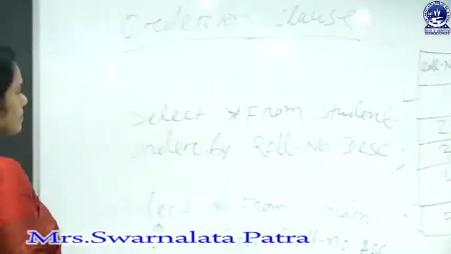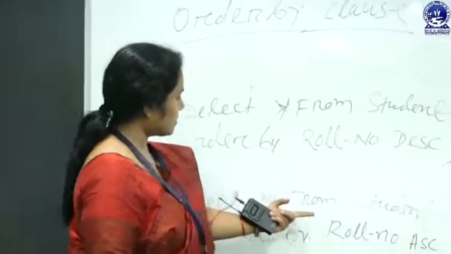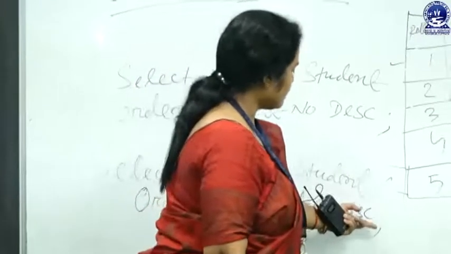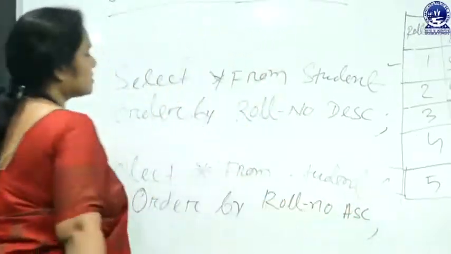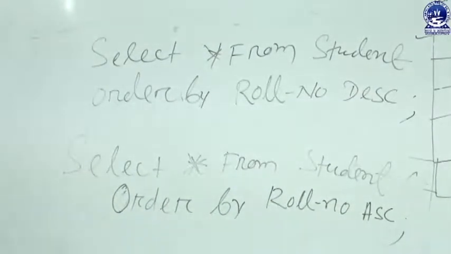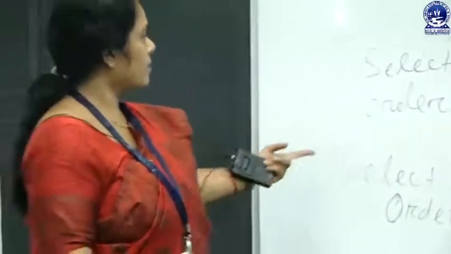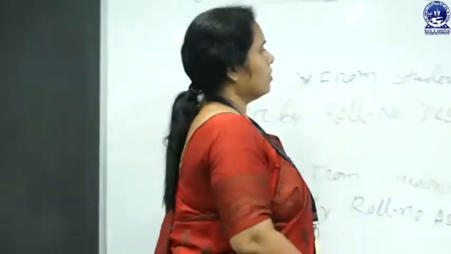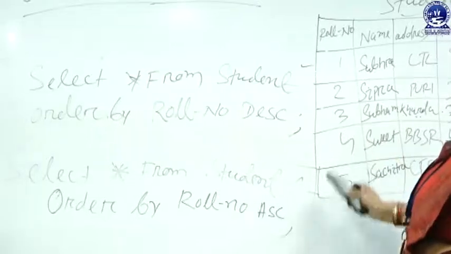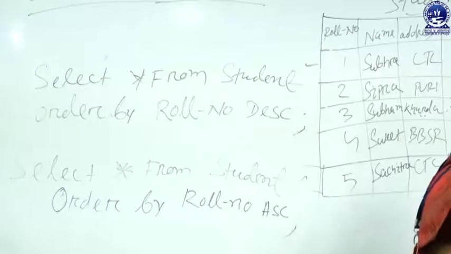And the next command is select star from student order by roll number ASC. After executing this command, the roll number column will be in ascending order. With the help of this command, we can order the column in ascending or descending form.